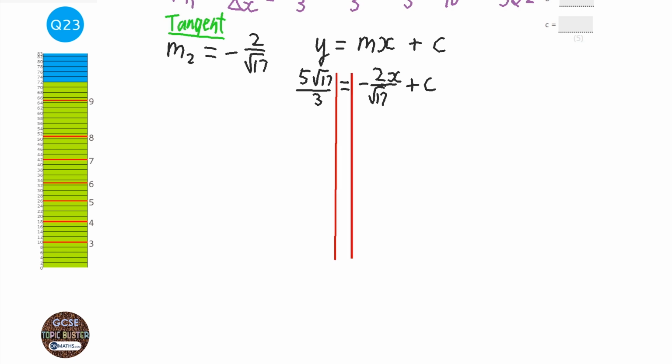Okay, so first thing I'm going to do is add the entirety of 2x over root 17 to both sides. So it would become 5 root 17 over 3 plus 2x over root 17 equals c. Now I left that x in just so that we could give ourselves a bit of room, so I could show you a little bit easier what's happening.